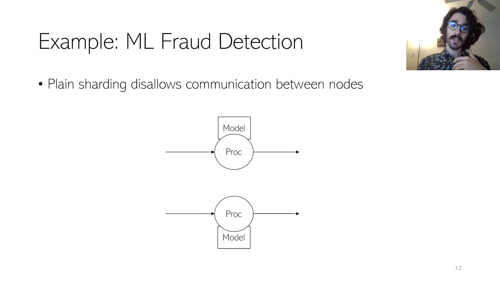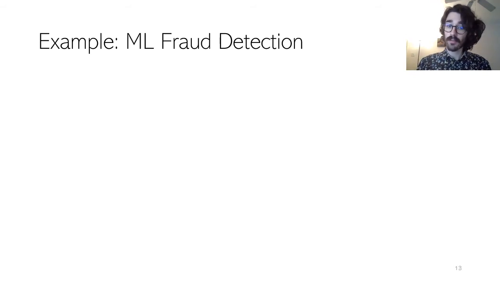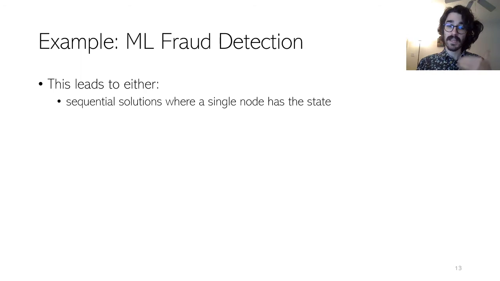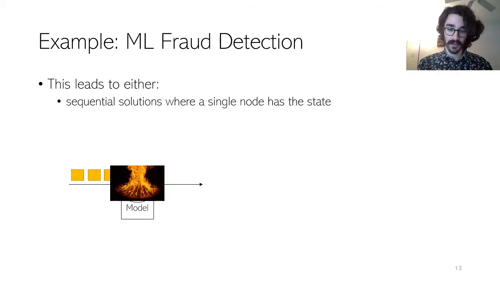So if we just use plain sharding, there is not any way to communicate between these nodes. So there's no way for these nodes to access the other node's state or update it. And this leads to the following problem: we either have to use a sequential solution where a single node has all the state, and as we saw before, this leads to fires, and we do not want that.